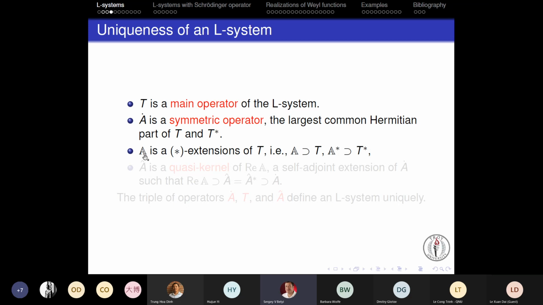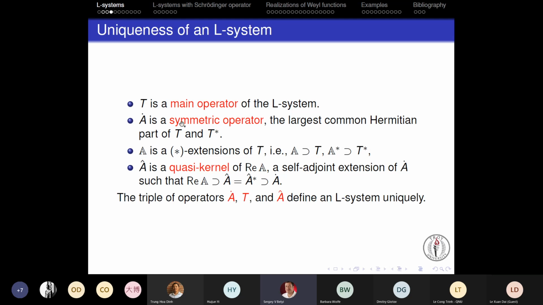And of course, bold A I already talked about, the star extension, and A hat is a quasi-kernel, the proper name is quasi-kernel of the real part of bold A. Essentially, it's a self-adjoint extension of A dot, which is a part of the real part of bold A that stays within the main Hilbert space.